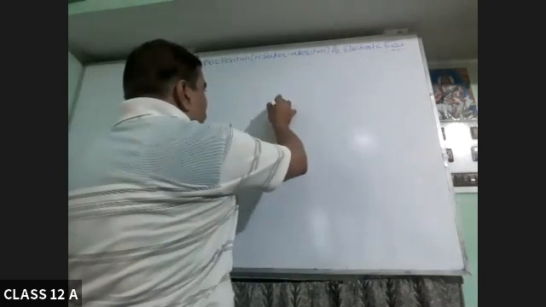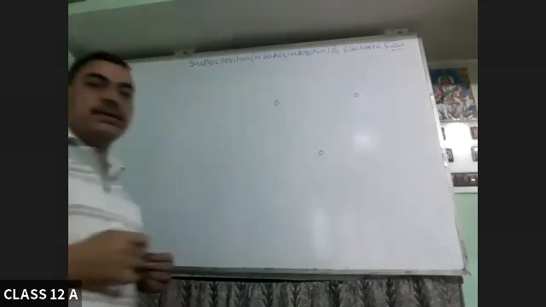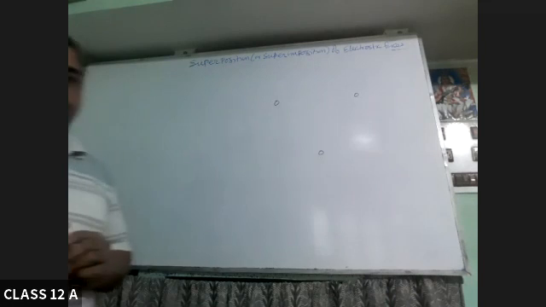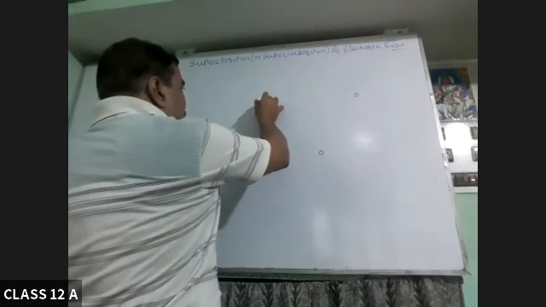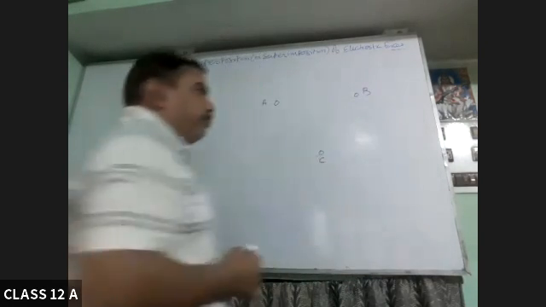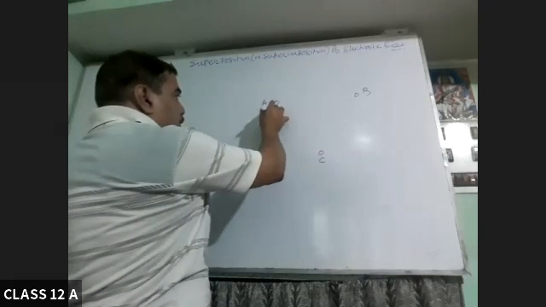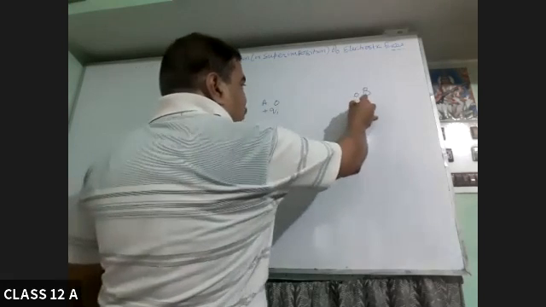So when more than two charges are present, just a simple example, suppose three charges are there. Suppose this is A, B and this is C. This is suppose plus Q1, this is minus Q2, this is plus Q3.